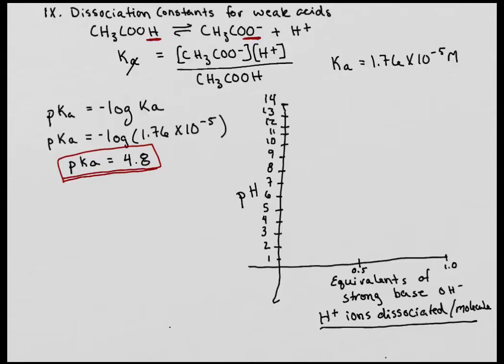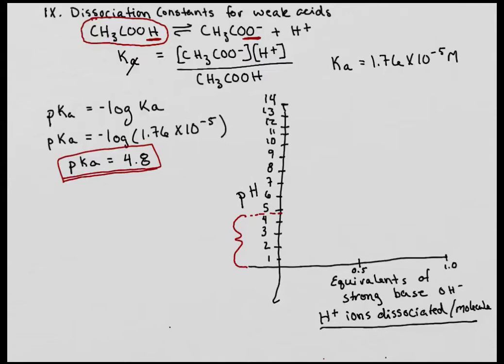So looking here on our graph, if we note this as about 4.8, then below pHs of 4.8 here, the protonated species CH3COOH will predominate. And we can draw this in the form of a curve.